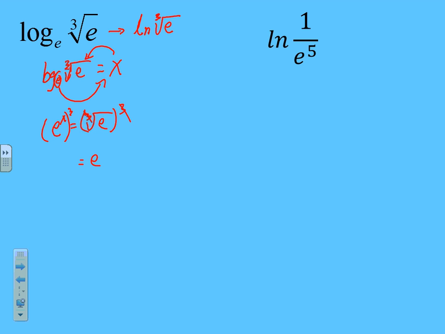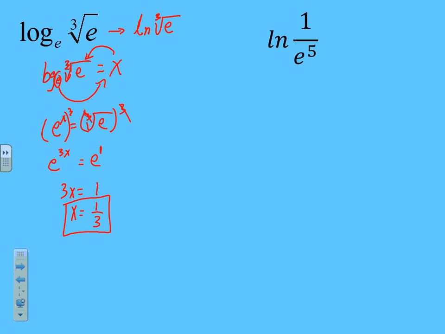And the rules of exponents say the x in the exponent position and the 3 in the exponent position get multiplied together, so I get e to the 3x power. The other side, even though it's not expressly written, has an exponent of 1, so now that the bases are the same, we can set the exponents equal to each other and solve for x.